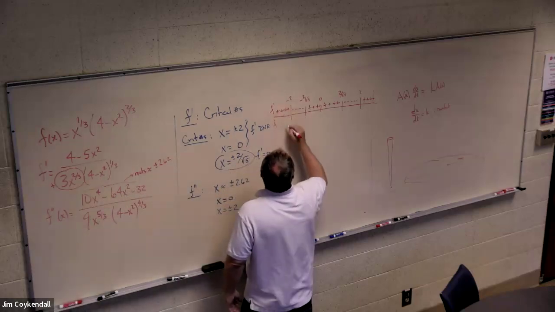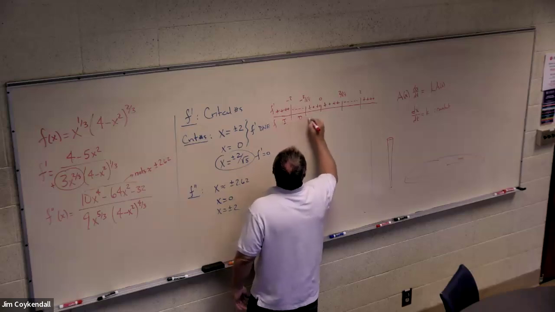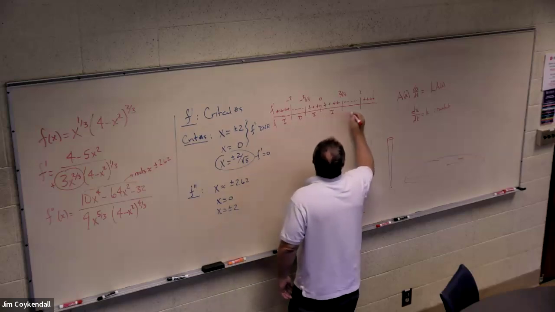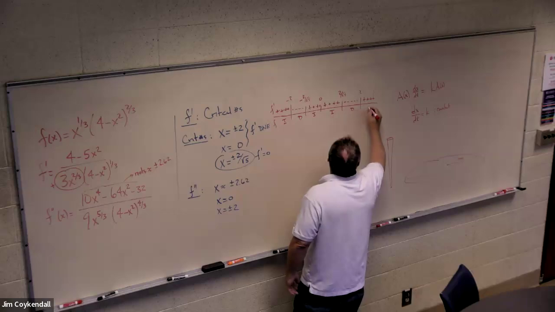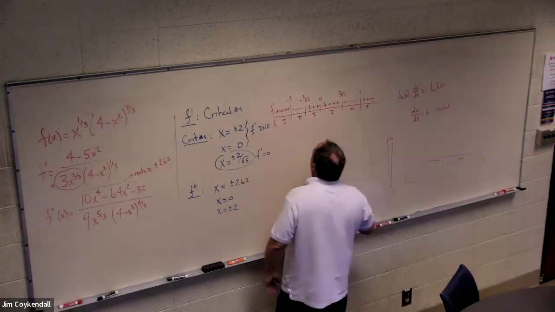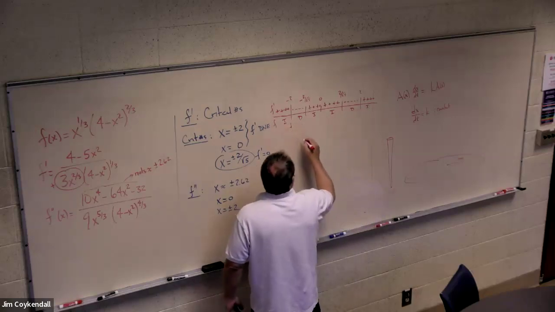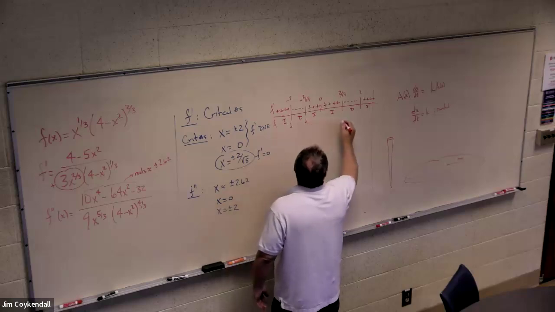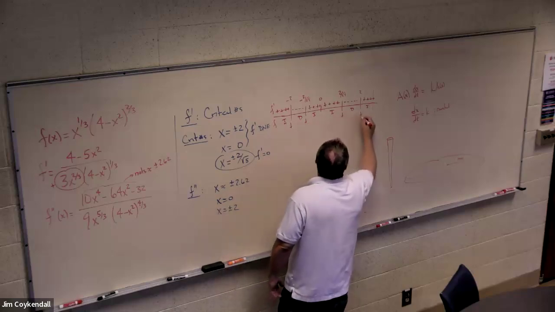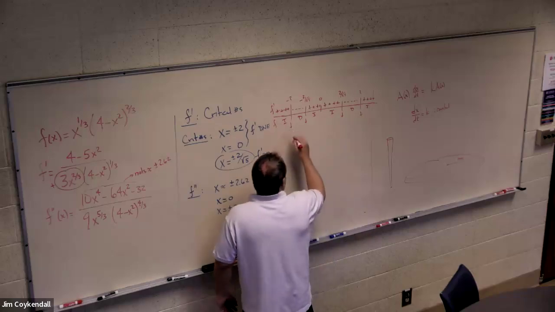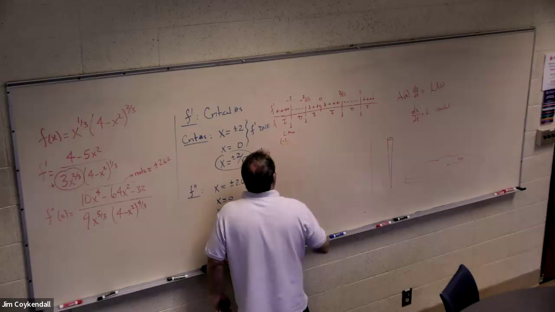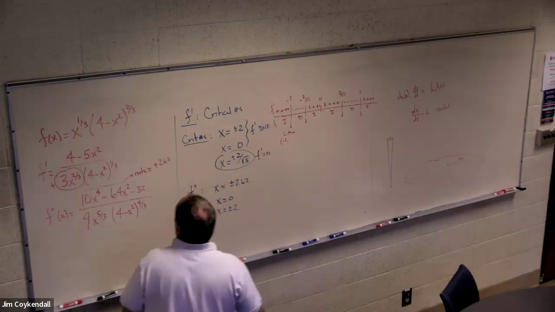So my function goes like this: it's decreasing, then increasing, then decreasing. So I get a local max at -2, and whatever I get when I plug in -2.